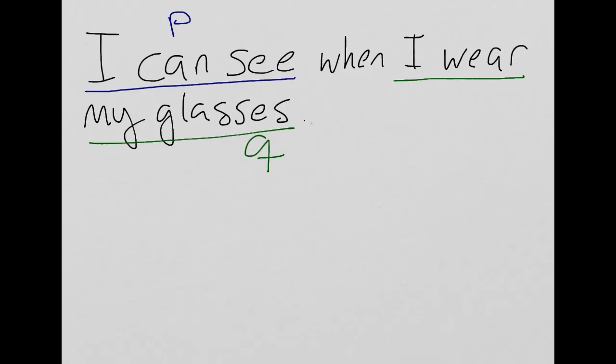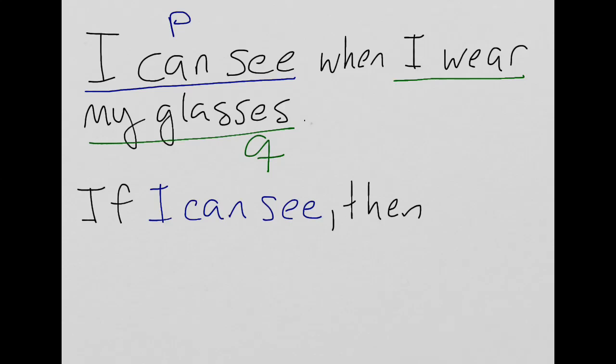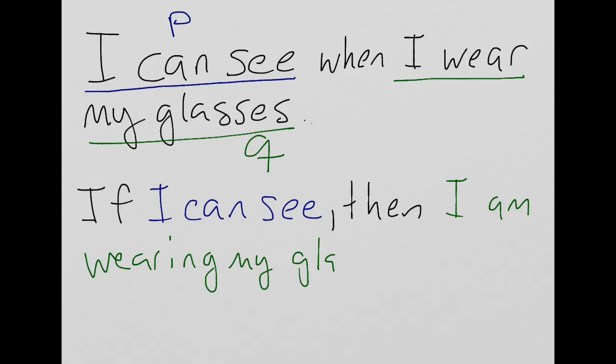So if I try to rewrite this now as a conditional statement, I would write, if I can see, so there's my hypothesis right there, then I am wearing my glasses, and that's my conclusion right there.